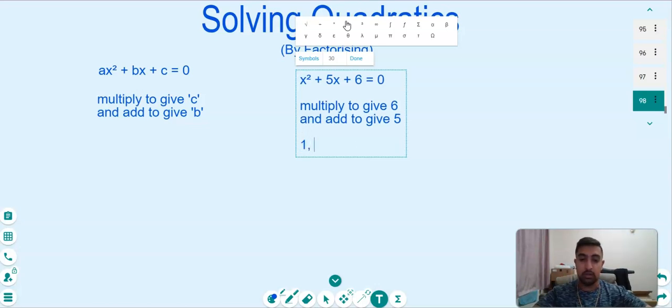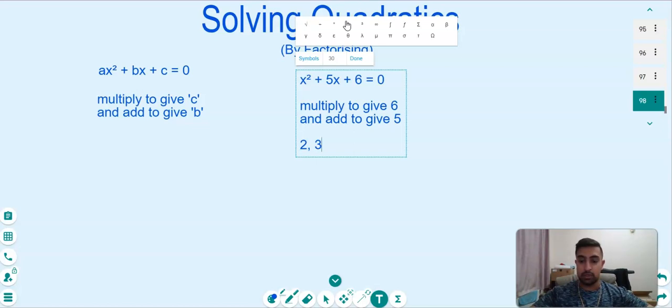Now we've got 1 and 6, and we've also got 2 and 3. Now, those same two numbers need to add to give 5. So if we add 1 and 6, we get 7, which isn't quite correct, so we can ignore that. And if we check the other set of factors, we have 2 plus 3, which does give 5. So we know that in our answer, the two numbers we're interested in are 2 and 3.